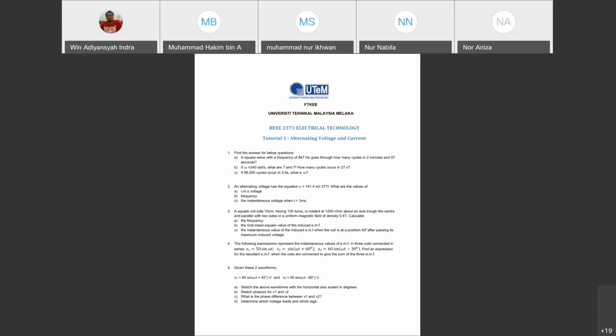So number 5, given these two waveforms, V1 and V2. V1 is 8 sine omega t plus 45 degree, V2 is 40 sine omega t minus 80 degree. So A, sketch the above waveforms with horizontal axis scaled in degree.